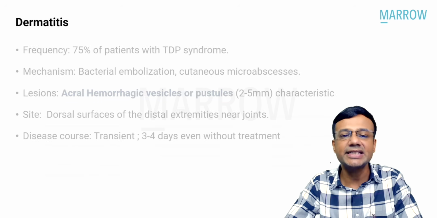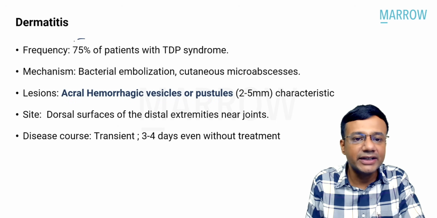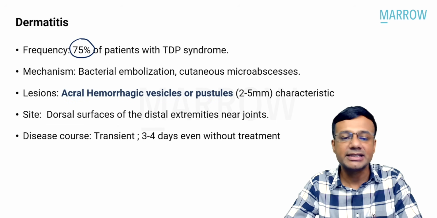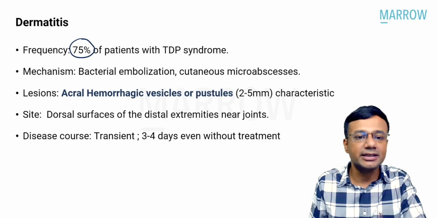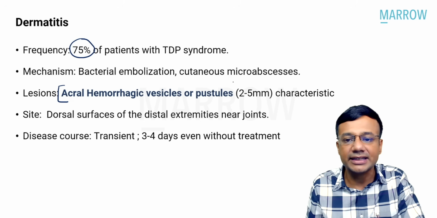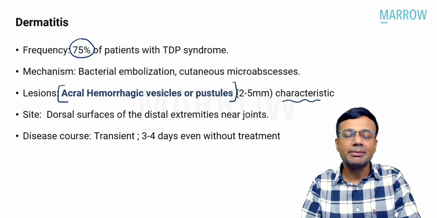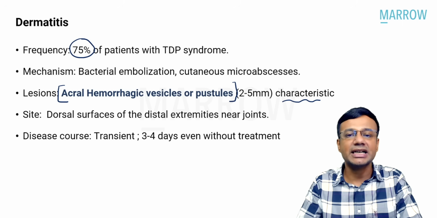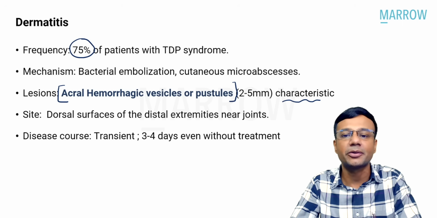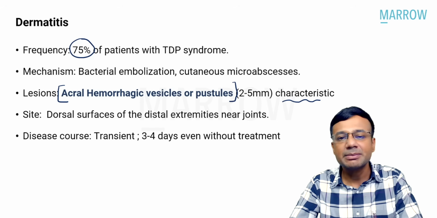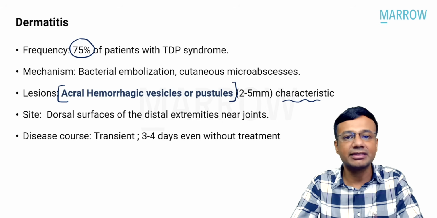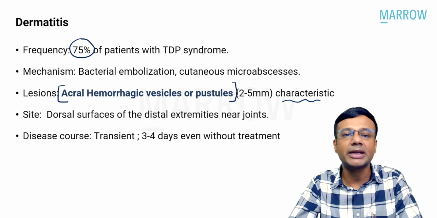Skin lesions are seen in 75% of patients, due to bacterial embolization and cutaneous microabscesses. The characteristic skin lesion is acral hemorrhagic vesicles or pustules. Acrally distributed hemorrhagic vesiculopustular lesions are suggestive of disseminated gonococcal infection, usually at the distal extremities. Please remember these are very transient lesions, and in 3 to 4 days, even without treatment, they will disappear.